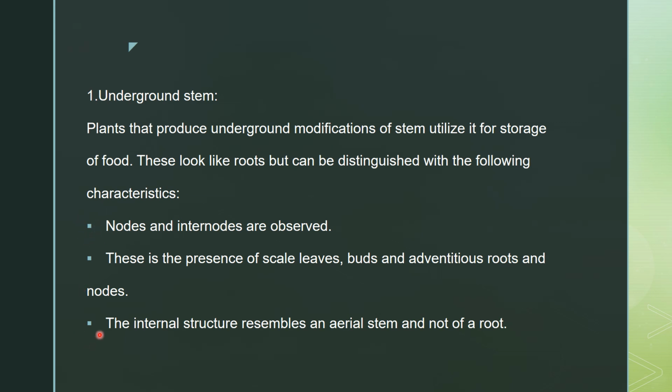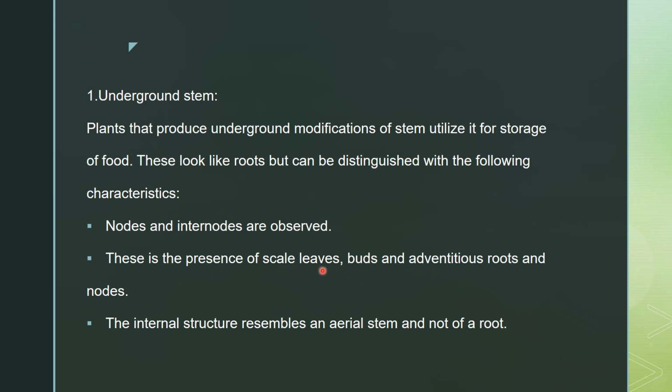These three characteristics are for the underground stems. First, nodes and internodes are observed, because they are stems and stems contain nodes and internodes. Also, there is the presence of scale leaves.